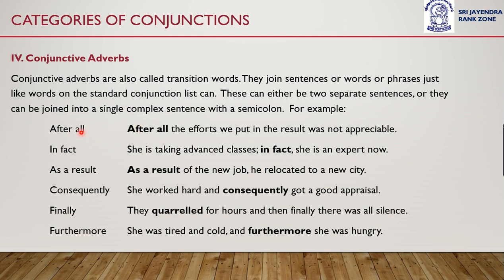For example, "after all" is a conjunctive adverb: after all the efforts we put in, the result was not appreciable. So it is helping one sentence, that is the efforts we put in, transition into another sentence, that is the result was not appreciable. So "after all" helps in a smooth transition from one condition to another condition.